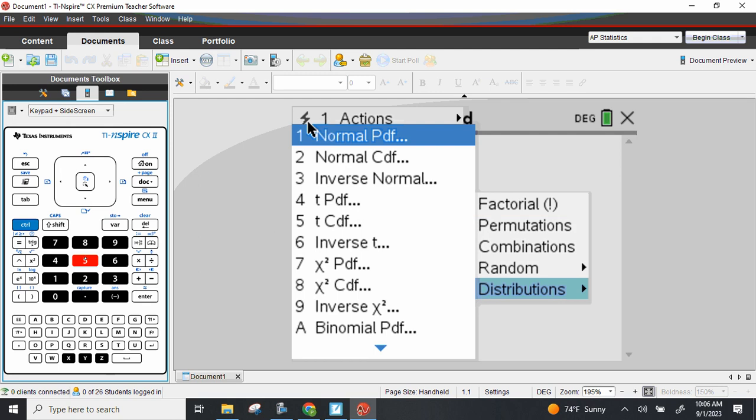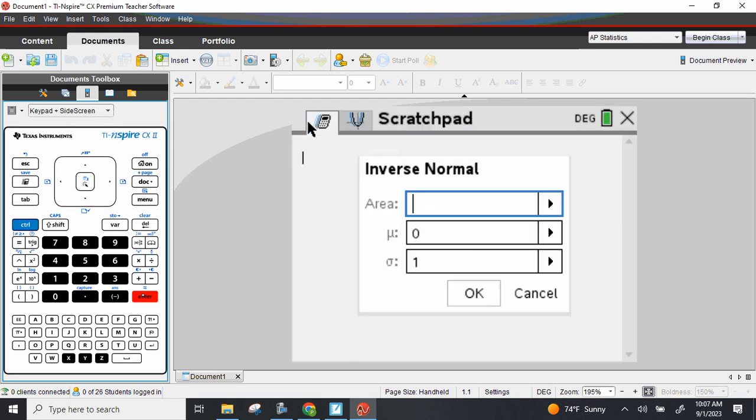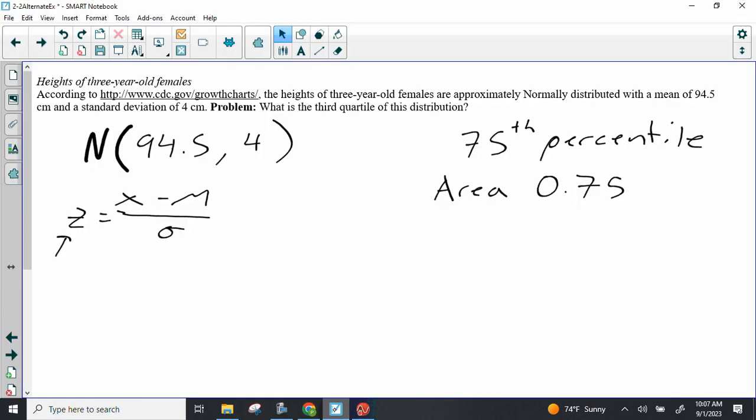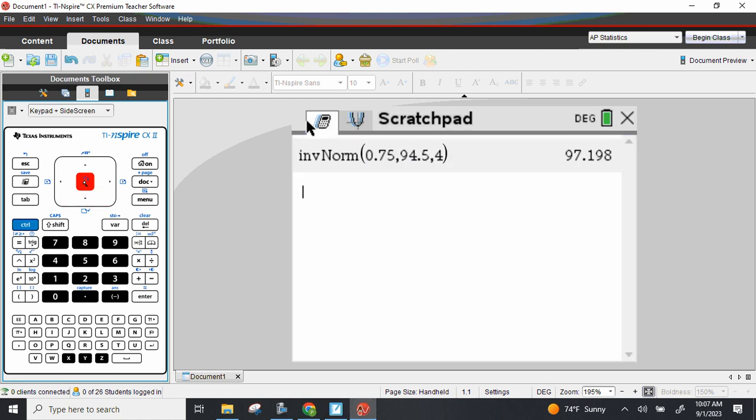The area we're looking for is 0.75, and we're going to put in the mean and standard deviation of the problem, 94.5 and 4. And that's it right there. So a height of 97.198 centimeters is at the third quartile. Pretty easy.